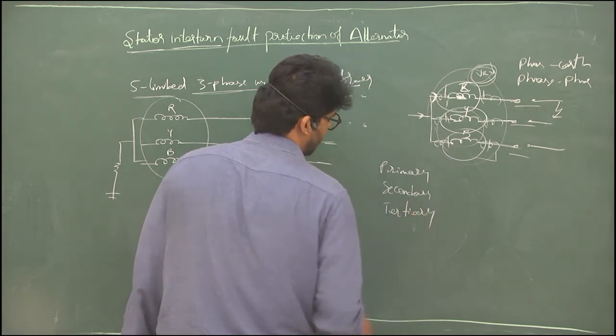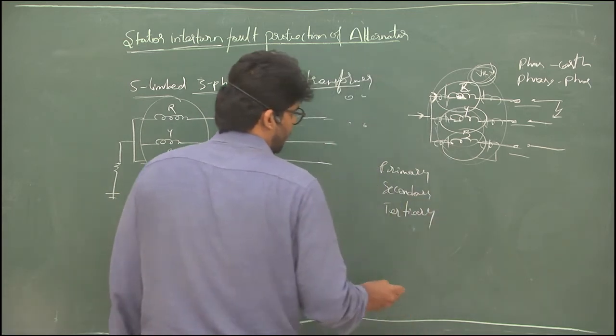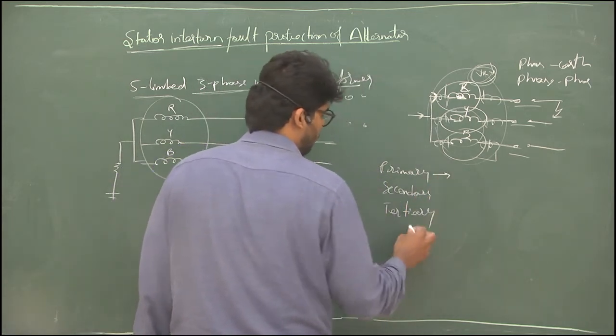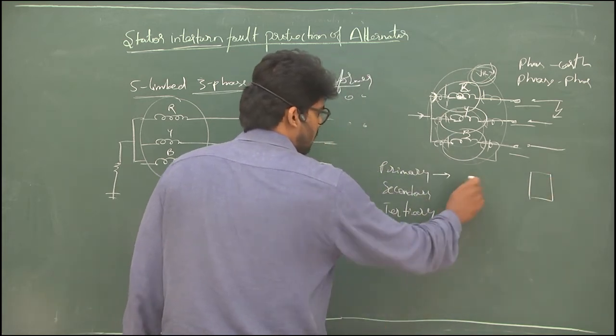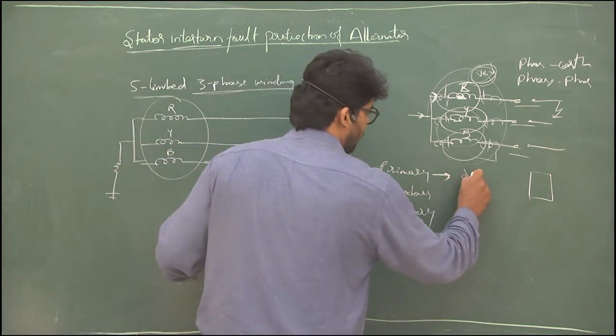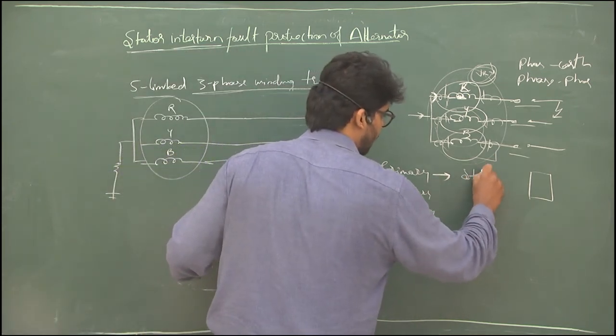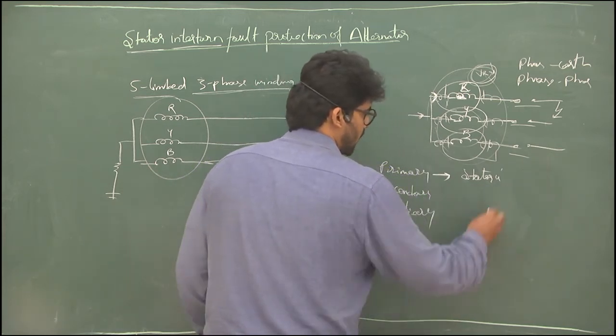Okay, while discussing 3-phase transformers, you'll have different connections. Let us say this is a transformer. The transformer primary is fed to the stator winding. You need to remember this.